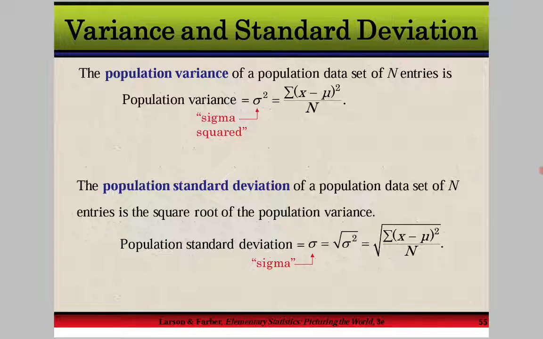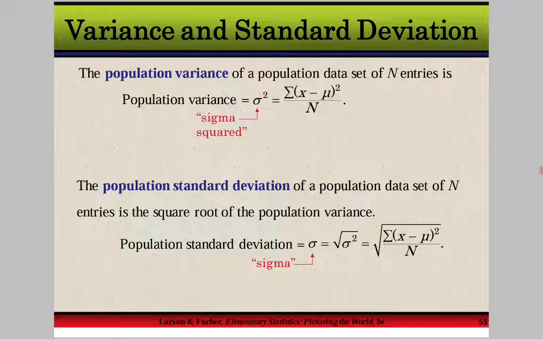The population variance of a population data set of n entries is sigma squared, equal to sigma of x minus mu whole square by capital N, where x is the data item, mu is the mean, sigma means sum, and capital N is the total number of items or entries in the data set.